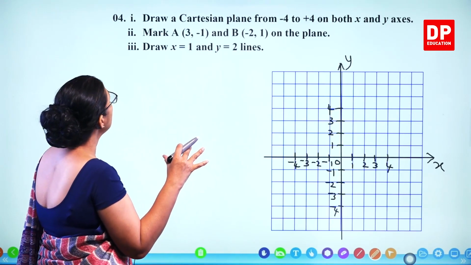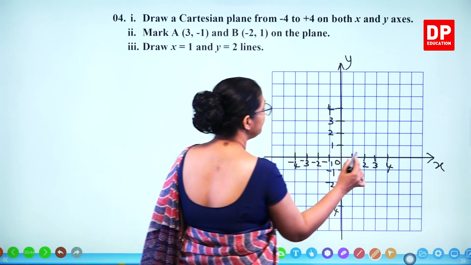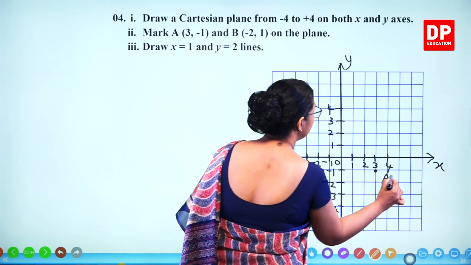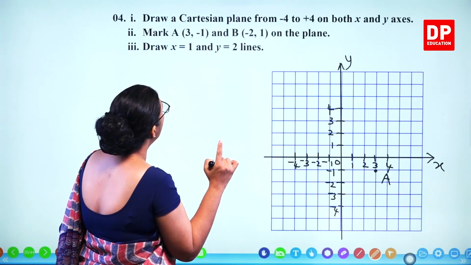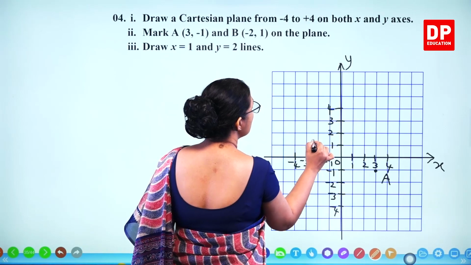So that's the scale. Now we'll mark the 2 points, 3, -1. That's A. -2, 1. That's B.